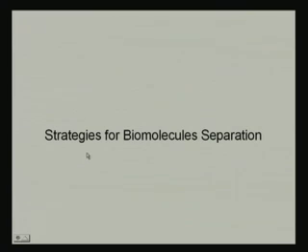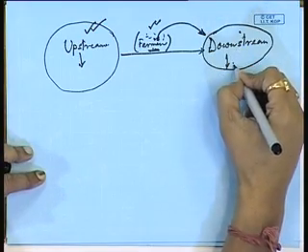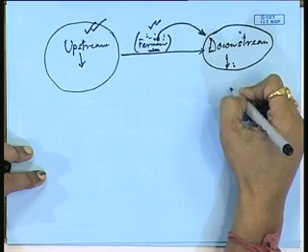That is the reason why the strategies of biomolecule separation play such an important role, because if the targeted molecules are not separated at the appropriate concentration with high yield, then we cannot make the process economically viable, and that is why downstream is so important.